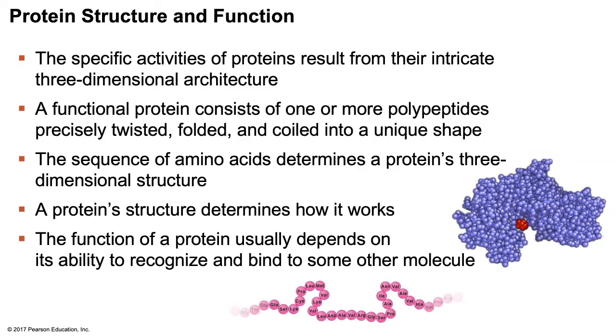The unique sequence of the amino acids determines the protein's 3D structure, which again will determine how it functions. Once we have our properly folded protein, the function of a protein usually depends on its ability to recognize and bind to some other molecule.